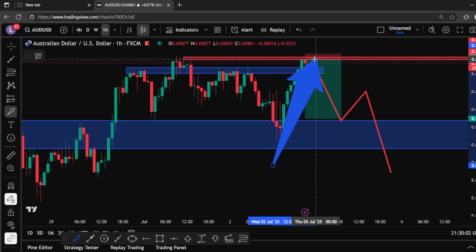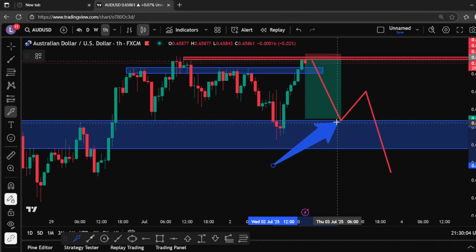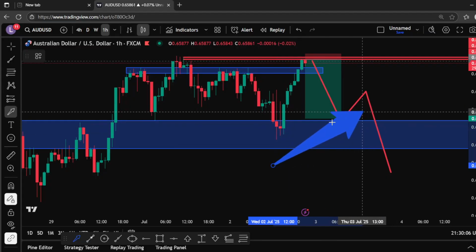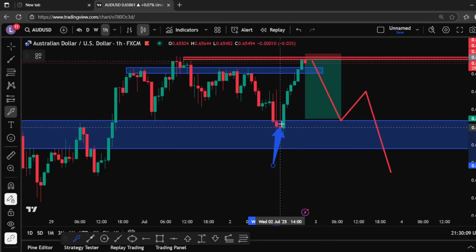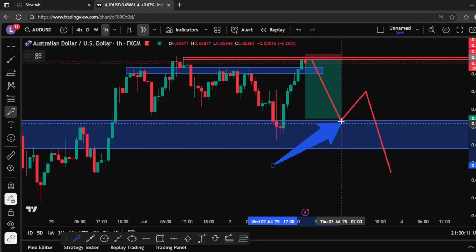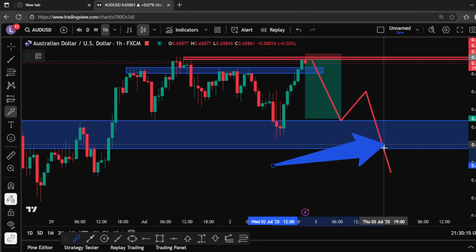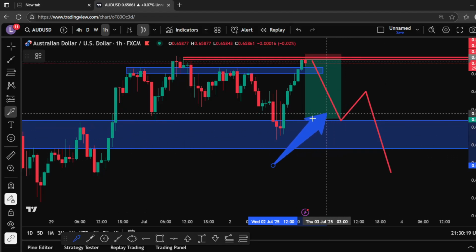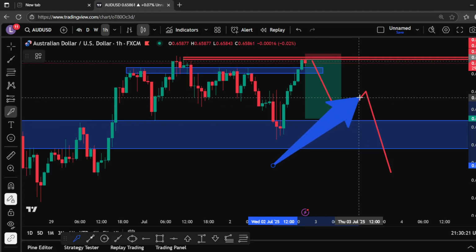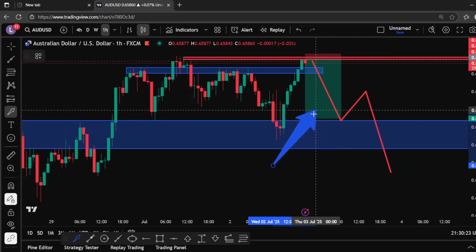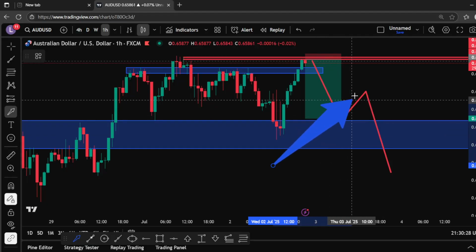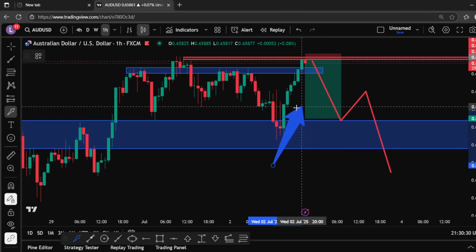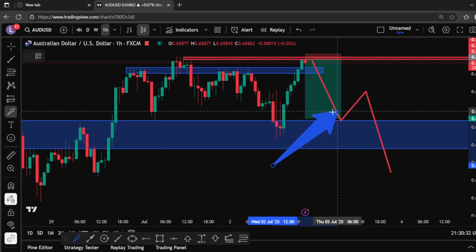So there's a possibility that the market will drop down and then use this demand zone to pull back here to act as a retracement before a push down. All right. So if I see this happen, I'll look to take a sell trade. Yeah. So I'm going to take my profit here, and then I wait for retracement to join the trade.